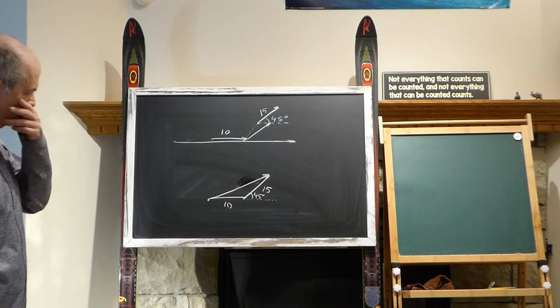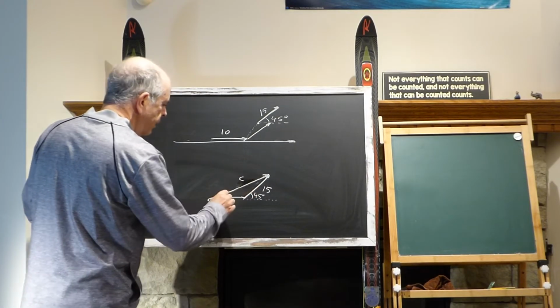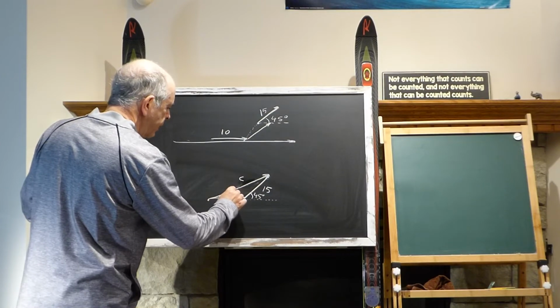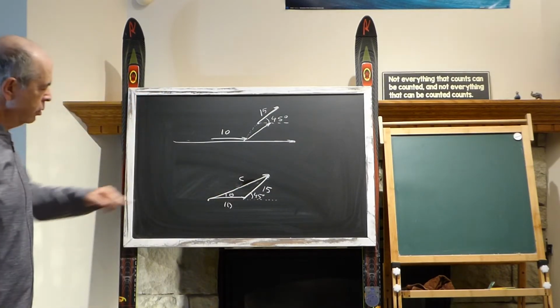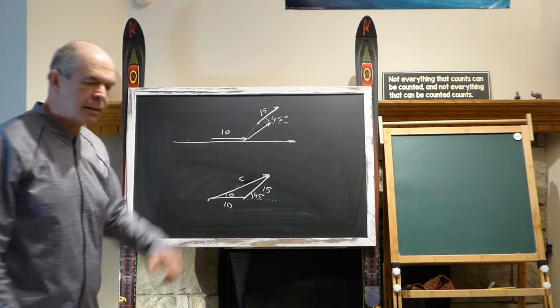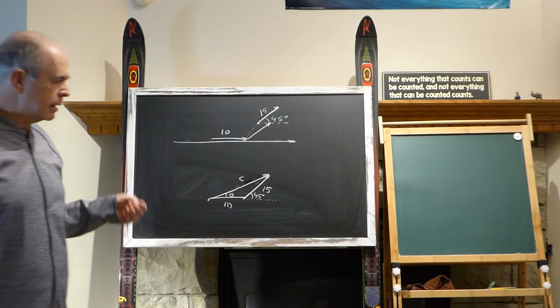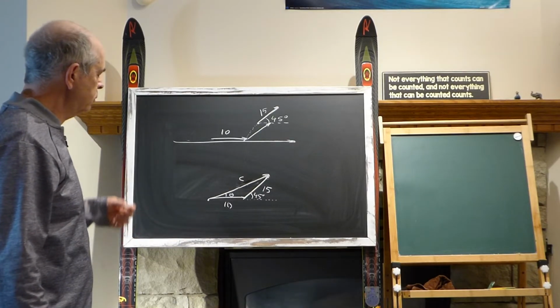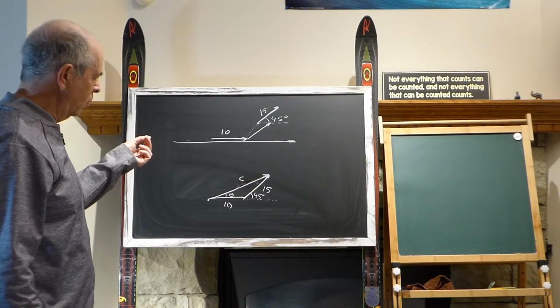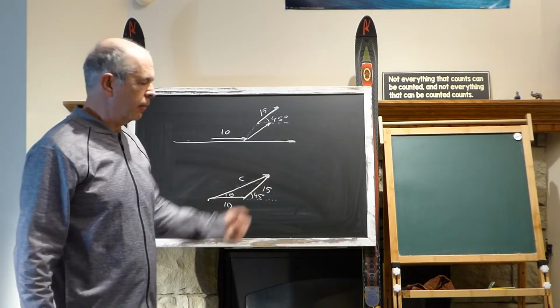And we now need to find this c, and we now need to find this theta. So this angle theta we need to find, and we need to find the length of this vector. And only when we find the length of this vector and theta, we will say, okay, we know this vector.